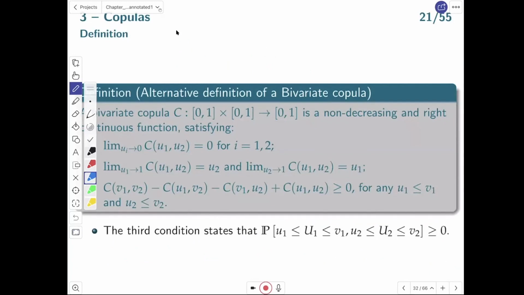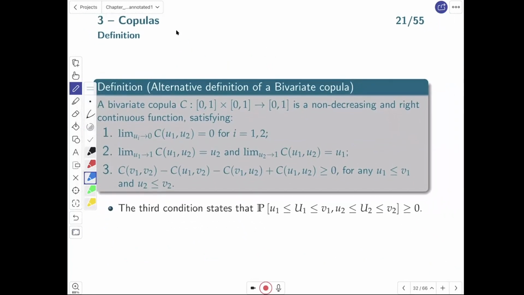And that gives you here an alternative definition for a bivariate copula. A bivariate copula is a function C that satisfies these three conditions. Right? So the conditions that we derived as implications, as necessary conditions for being a copula, turn out to be also sufficient conditions. Right?